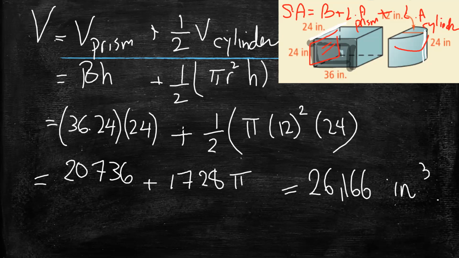Okay, in the final, I will bring some composite figure like this, and I will ask you to find the surface area and the volume. And teacher, in this case, we see just B, not 2B, because we have just one base. Because here we have only one base, I see it. Shouldn't we also calculate the area of the bases of the cylinder?